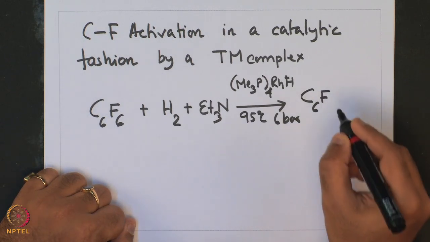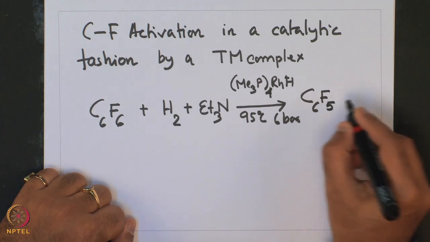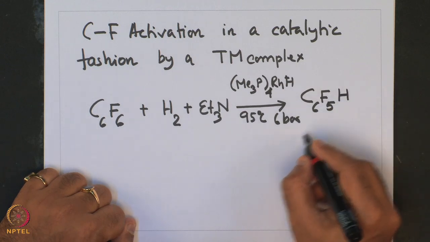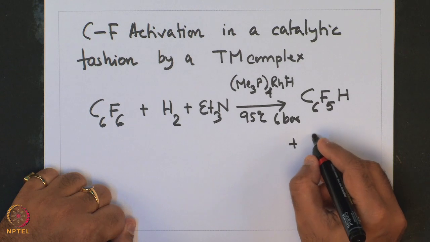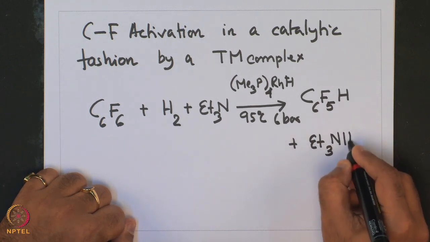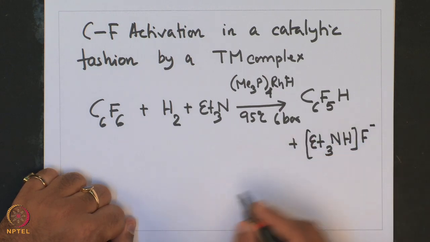the CF activated product, giving C6F5H along with triethyl NH plus and F minus.